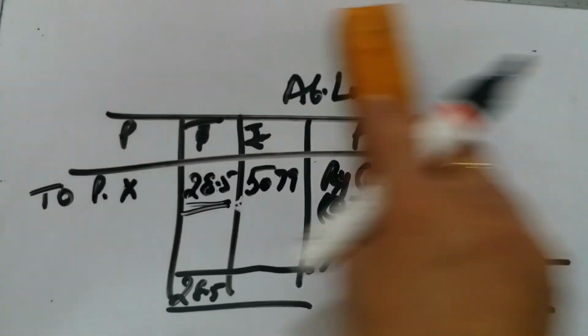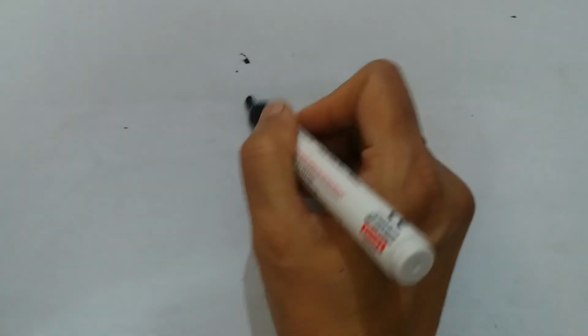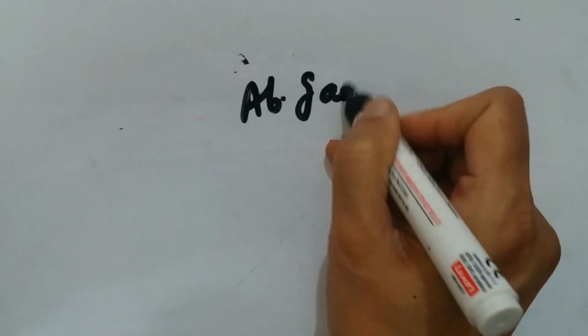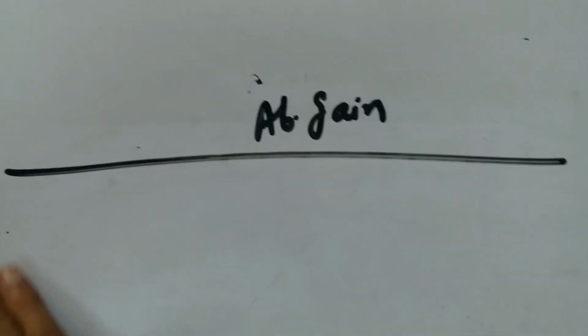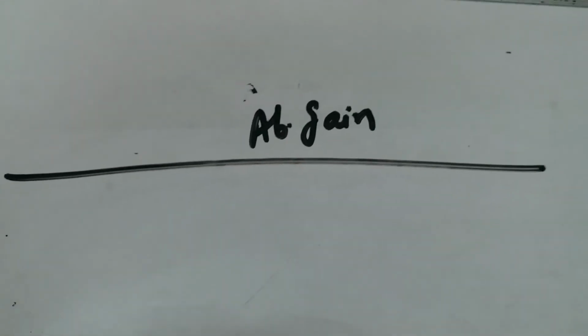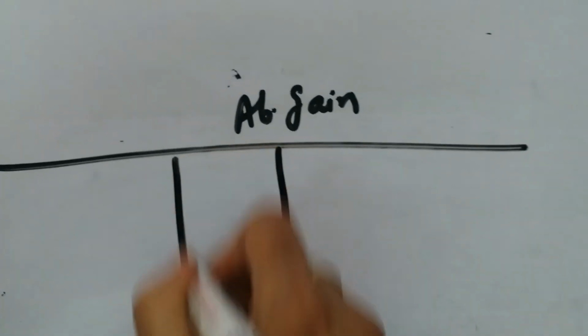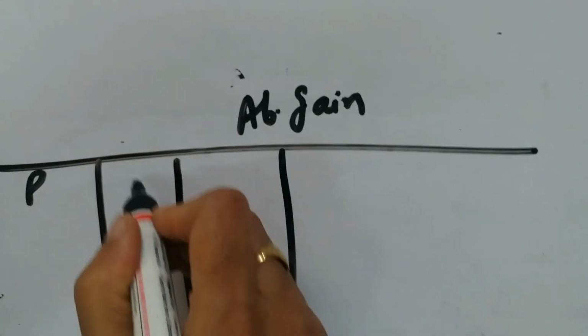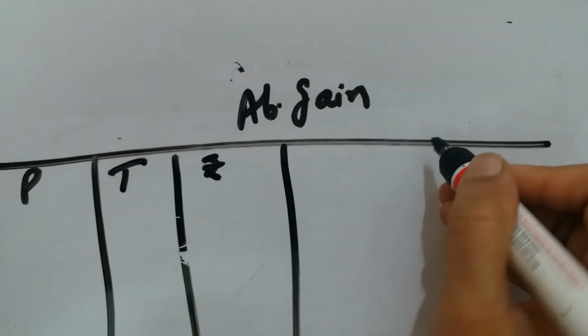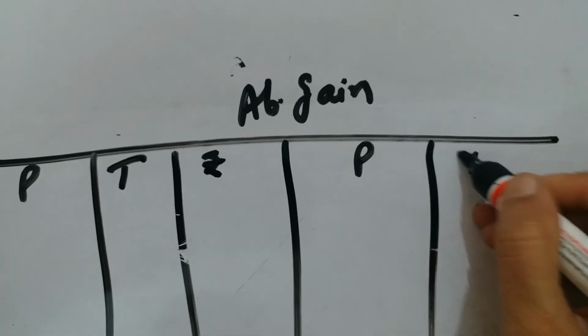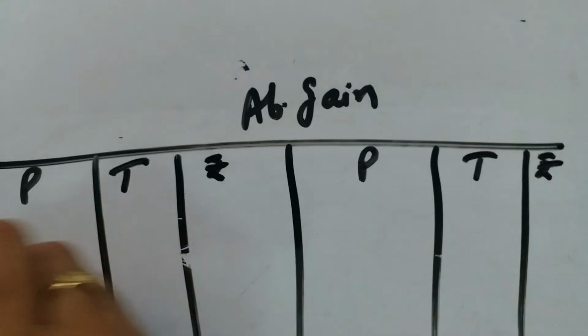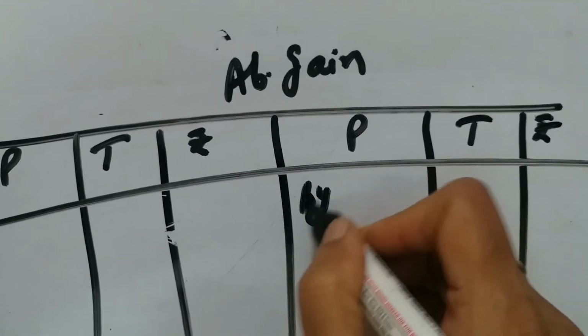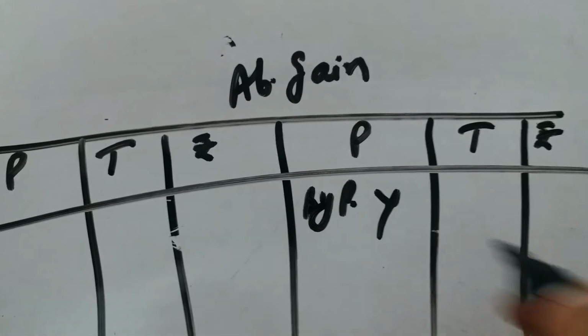And what about the abnormal gain account? Abnormal gain was in process Y, so there we wrote to abnormal gain, and here we are going to write by process Y account.